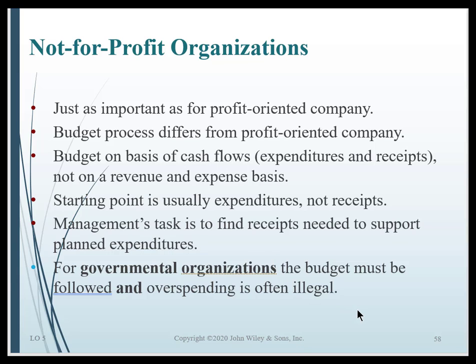But we still have to have a positive cash flow stream. So we're usually going to start with expenditures, not receipts. So the task is to find the receipts that you need to support the expenditures.